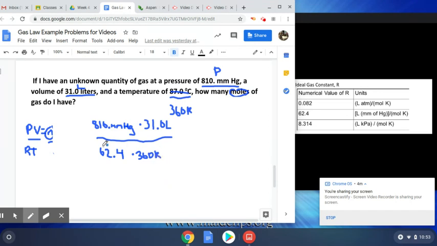And then you just solve. Remember, if you're using a calculator, which I think you probably are, that you have to put these in parentheses when you do the division so that it divides correctly. So we do 810 times 31.